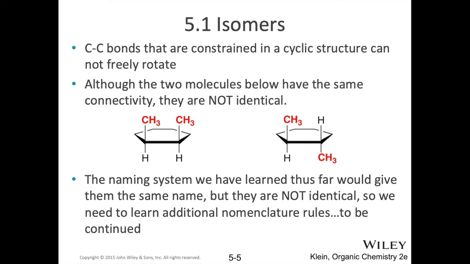It's because of the arrangement of those methyl groups. So we have to add something to the name to distinguish between the two. I think I alluded to this a little bit in the chapter on alkanes and cycloalkanes. Here we have a cis and trans designation to help distinguish between these two arrangements.